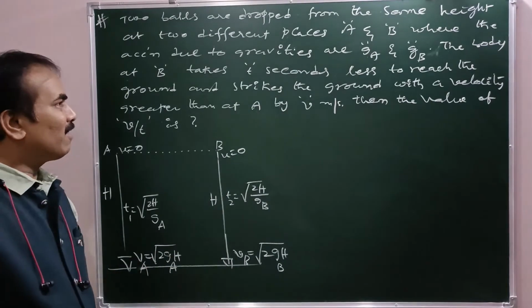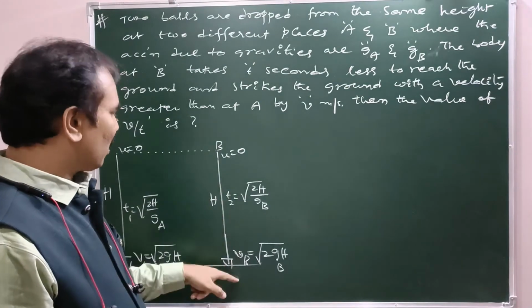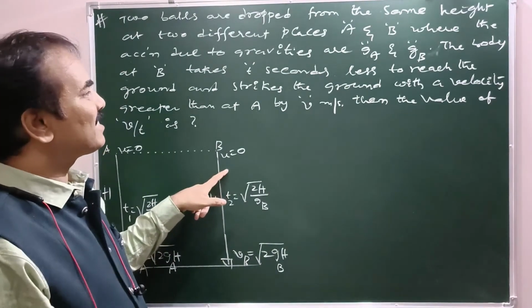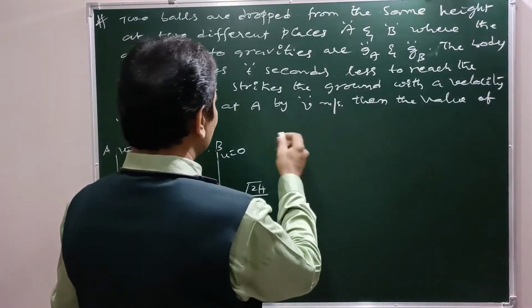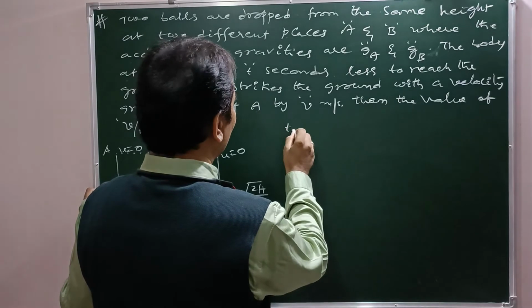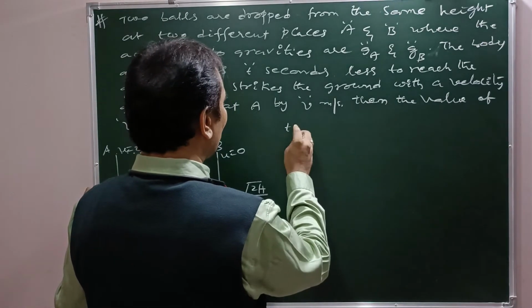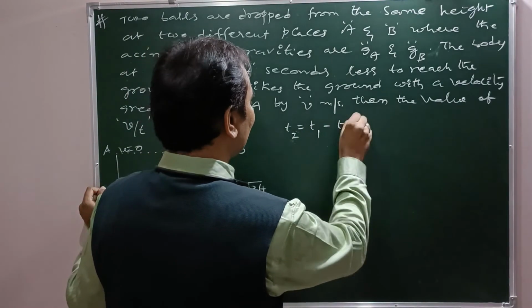But from data, the time taken to hit the ground at B is t seconds less than at place A. That is T2 equal to T1 minus T, right?